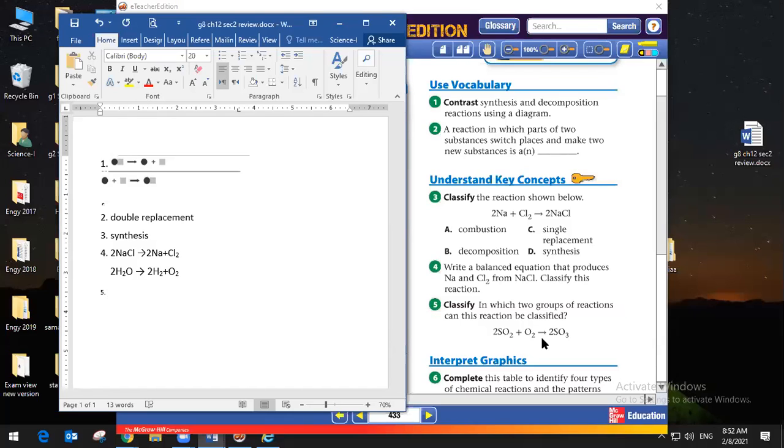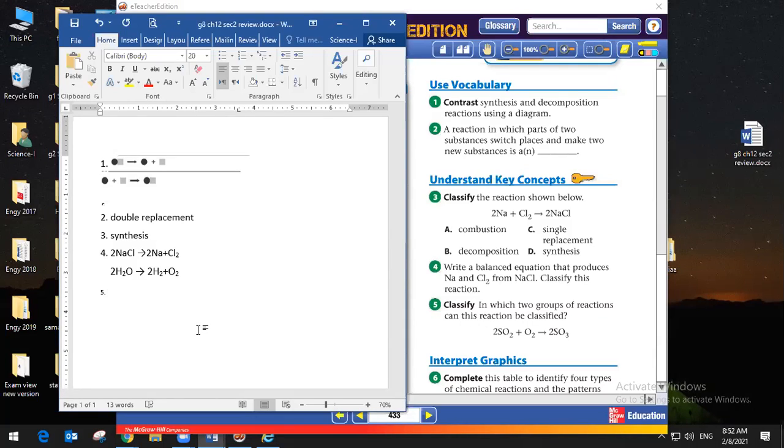Fadia, could you answer question number 5? Do you have the same question in your edition or it's different, guys? Yes, the same one. So in which two groups of reaction can this reaction be classified?